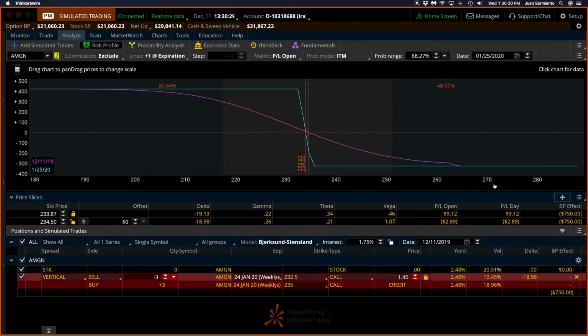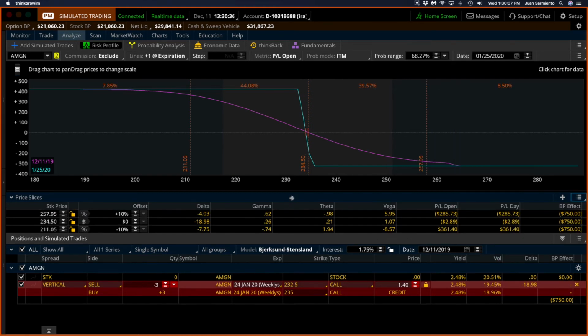But I reset. You can just reset things here by saying reset slices, and that gives you the correct information. You can delete everything except for the zero here. If you see here, stock price 34.50, offset 0.